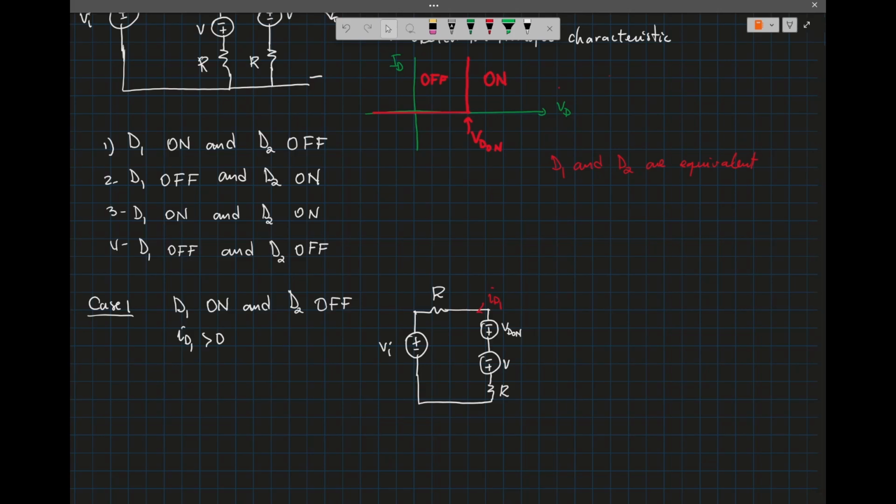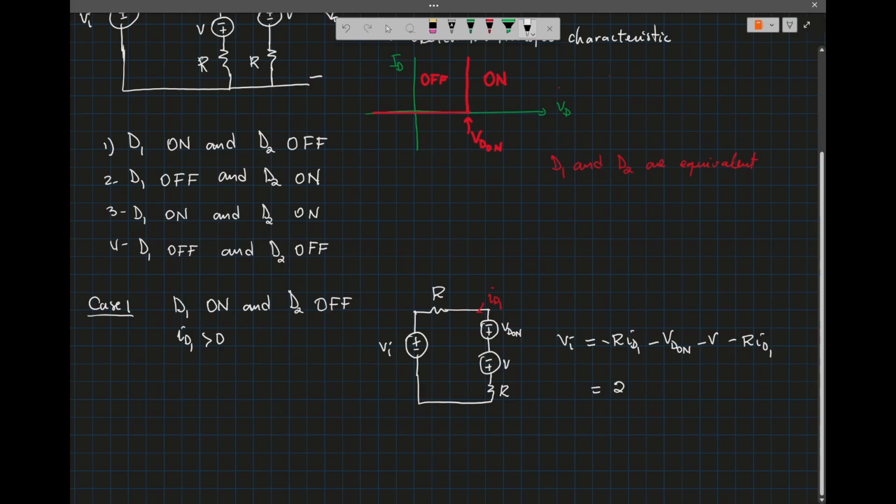When I write KVL here, VI will be equal to negative R ID1, since I'm going against the current when I apply Ohm's law, minus VD on, minus V, and minus R ID1.